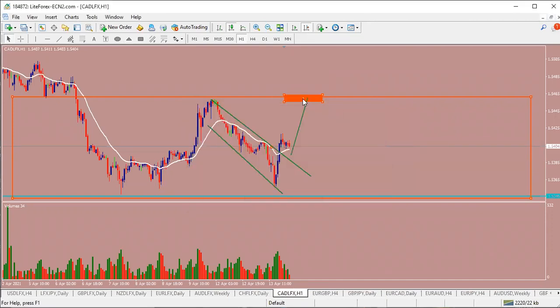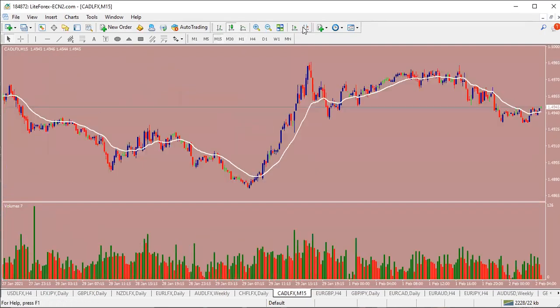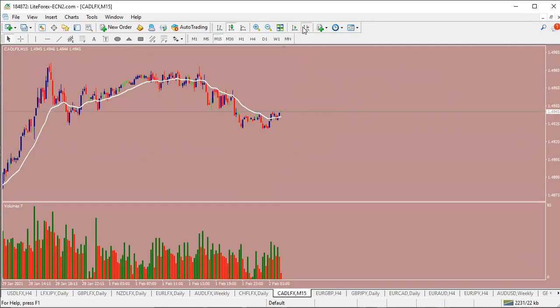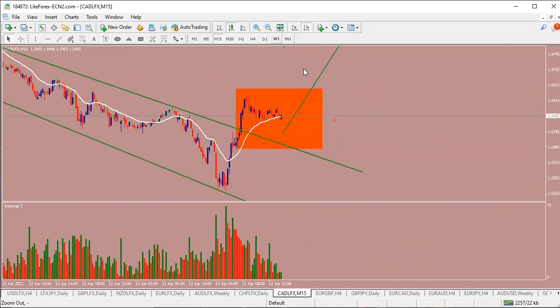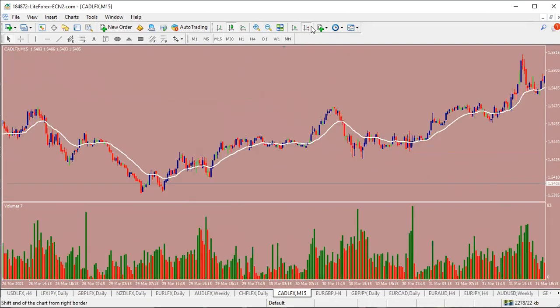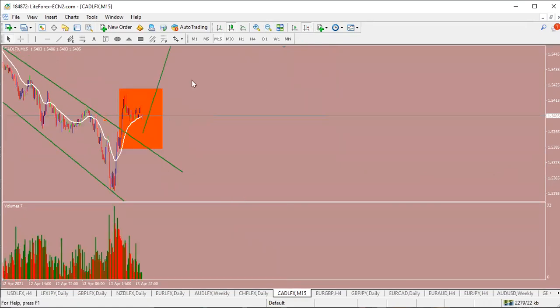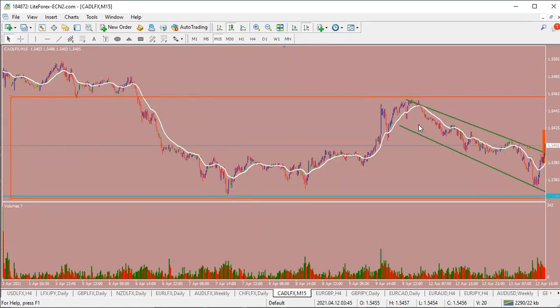Yes. Now, inside this particular 1 hour, we have 1 minute more. Let me quickly go down to the 15 minutes time frame. You are going to see that the 15 minutes time frame, inside that small rectangle, has its own pattern.